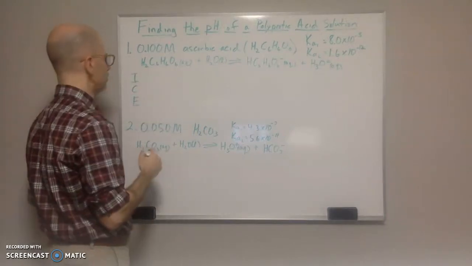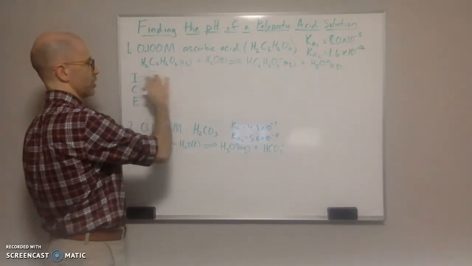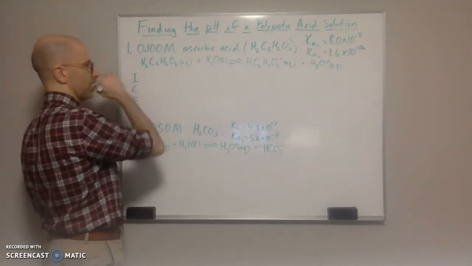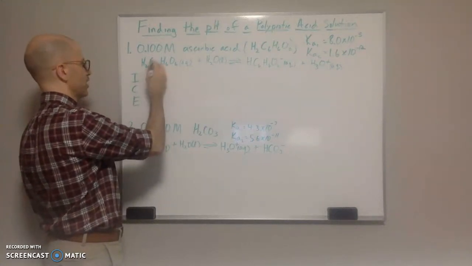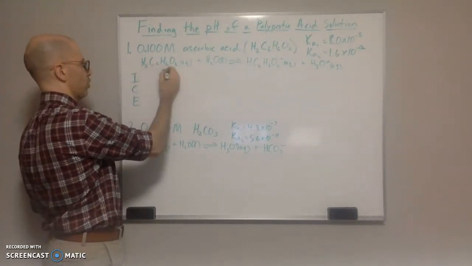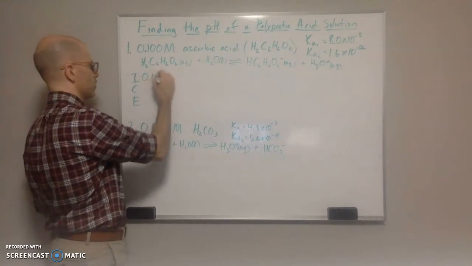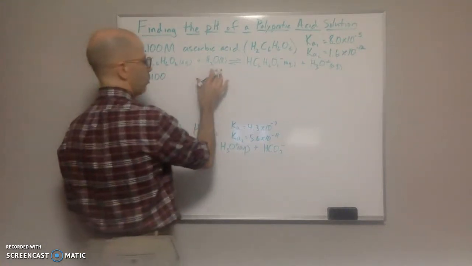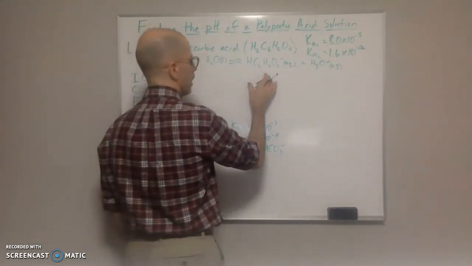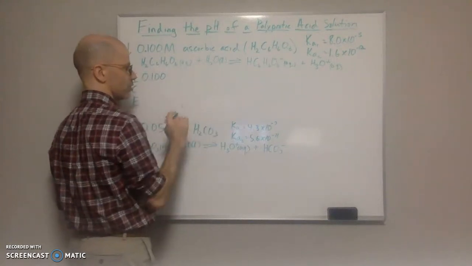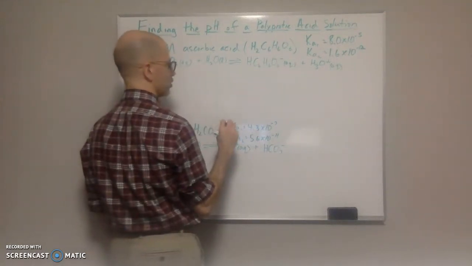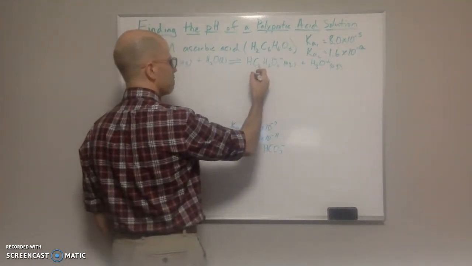So we'll just do our normal ICE table. So the initial concentration of the species that we're interested in for the ascorbic acid is 0.100. Water we're going to ignore because liquids and solids don't change during the reaction. Their concentrations don't change.